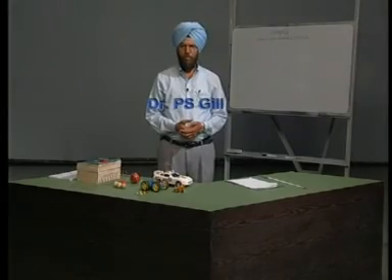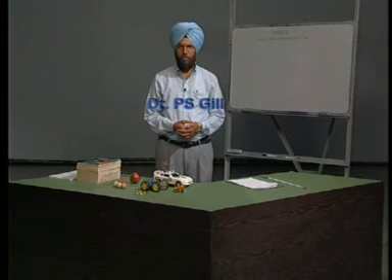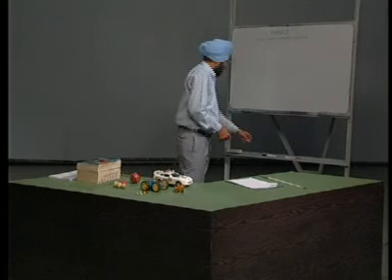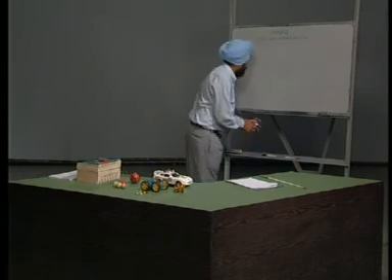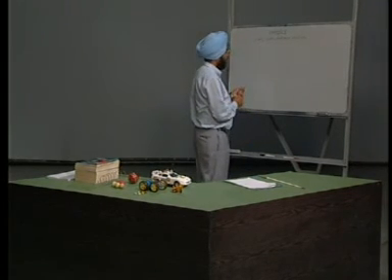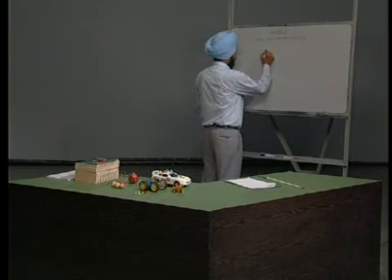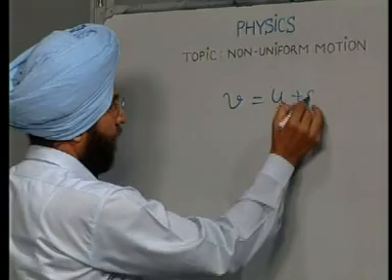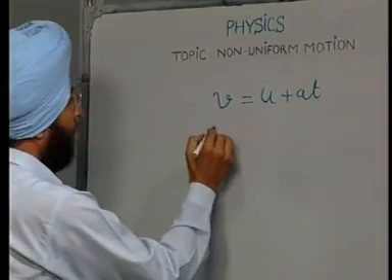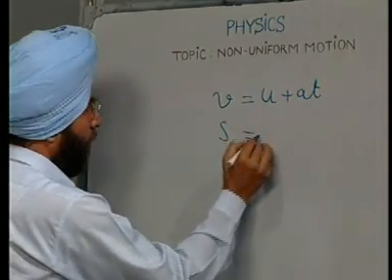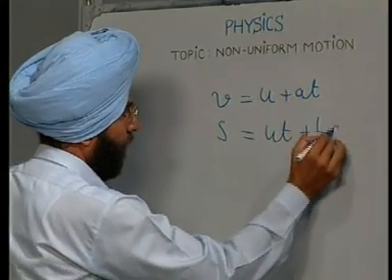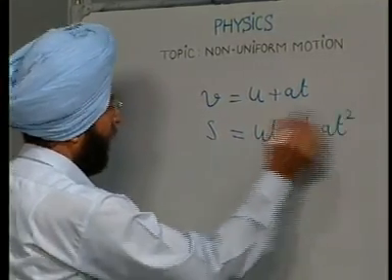Young students, we will continue with our last lecture. In the last lecture, we derived two equations: v is equal to u plus a t, and s is equal to u t plus half a t square.